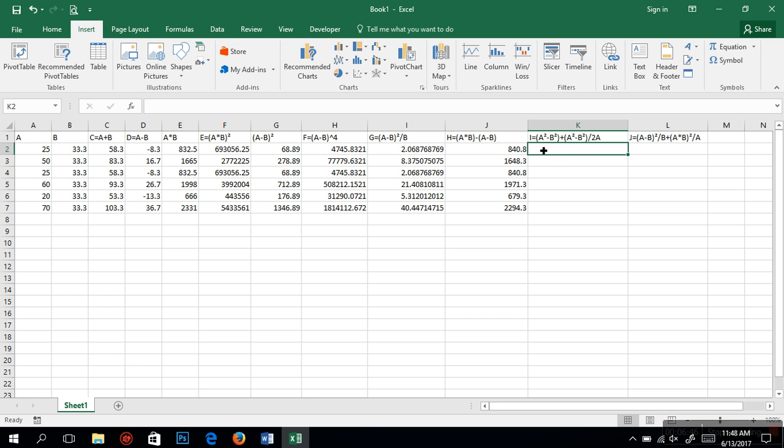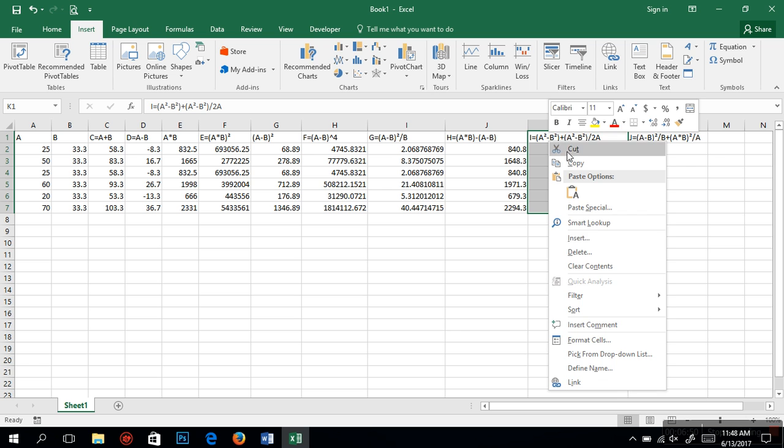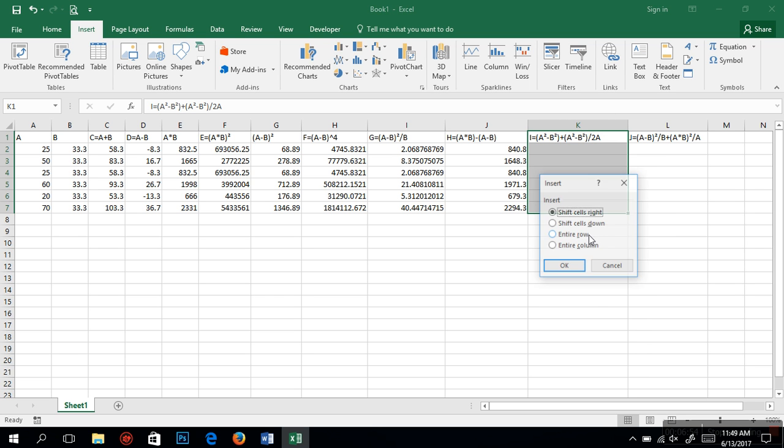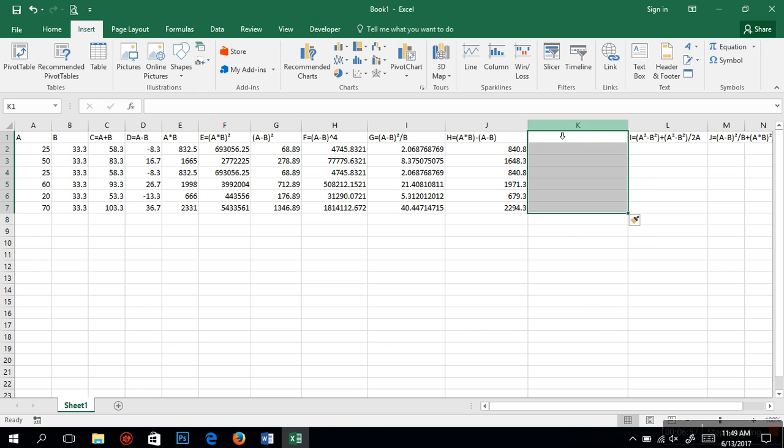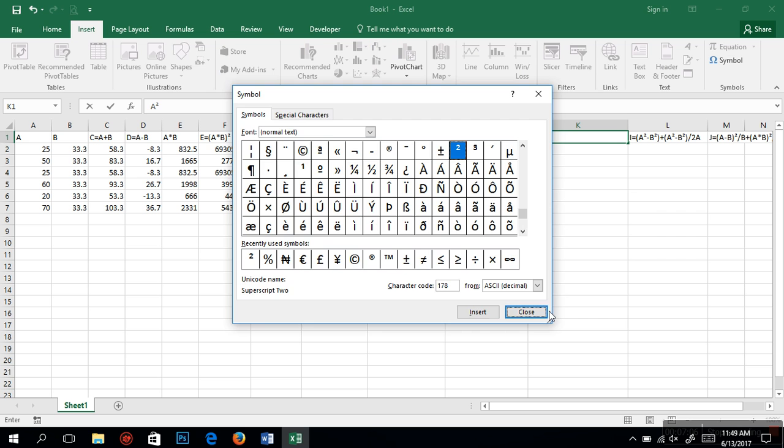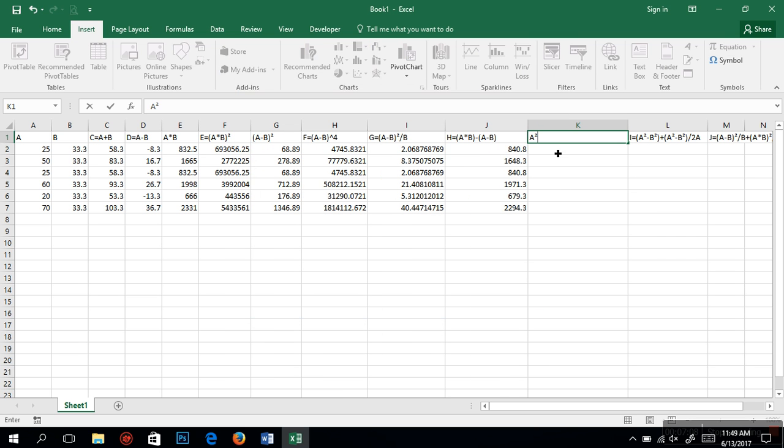Now we should create a new column for this. So we can insert cells. Now we can do something like, instead of going too far, we have a square. Do you understand? Have a square. What's a square now? It is equal to a times a. It gives us that, right?